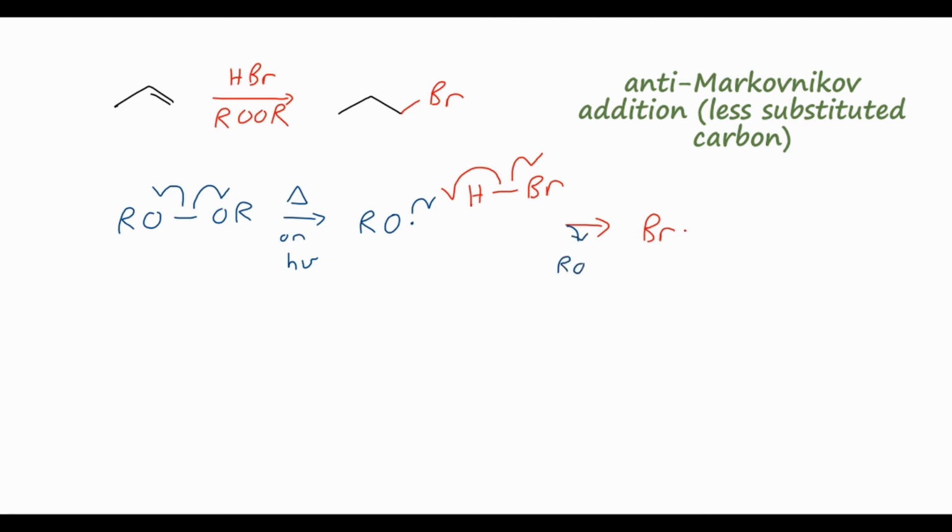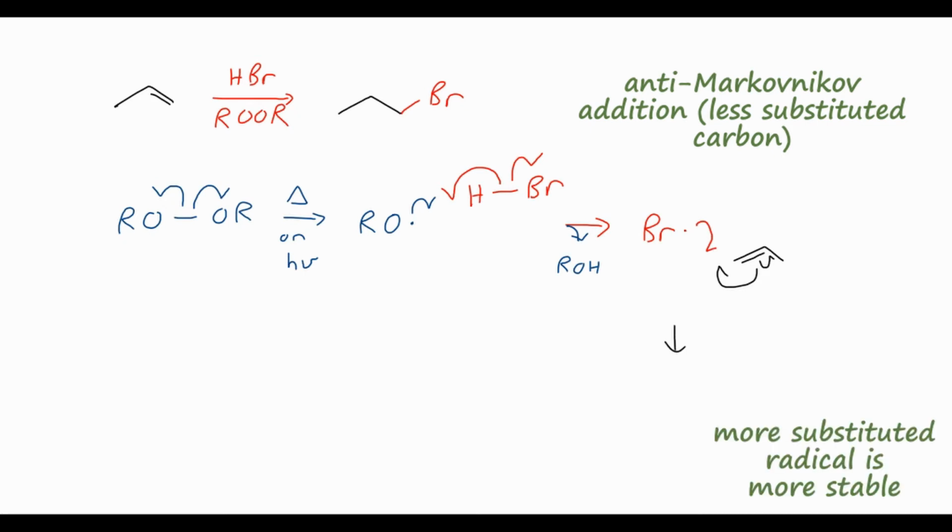And now this bromine radical can attack the alkene, where that pi bond in the alkene will again break homolytically to capture the bromine, as well as form a radical on the alkene carbon chain. And in this case again, we want the more substituted carbon to hold the radical, because just like carbocations, the secondary radical here would be more stable than the primary one.